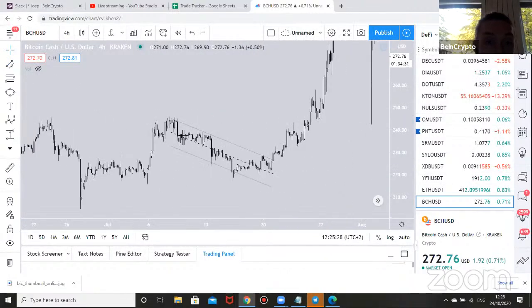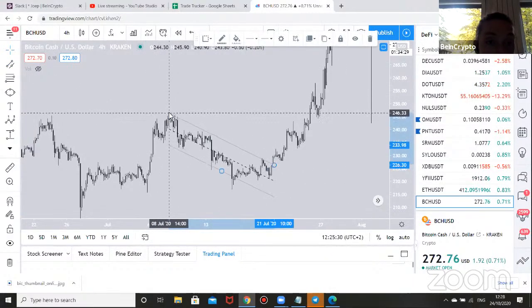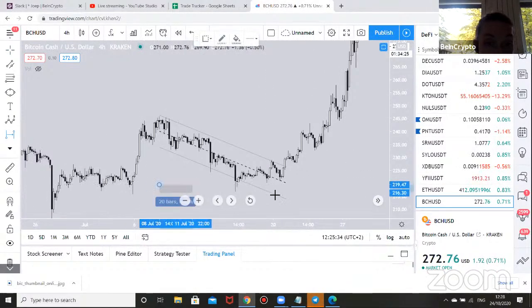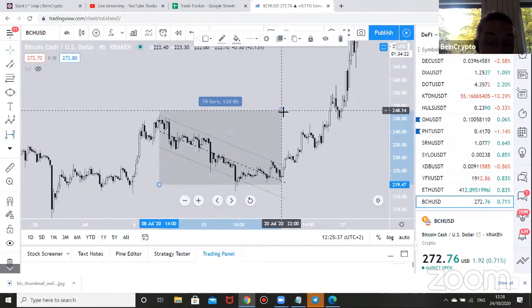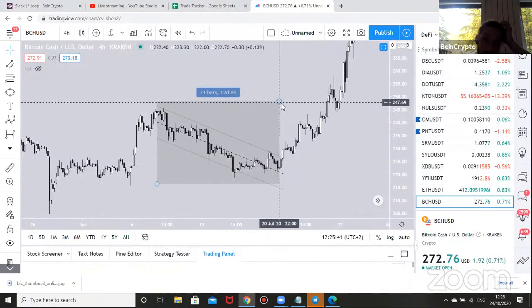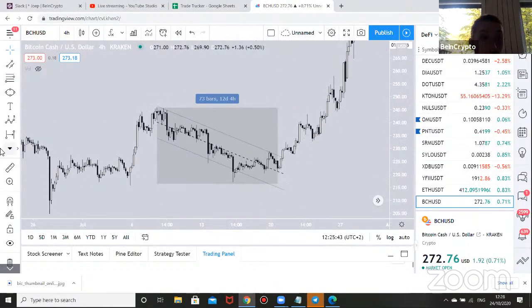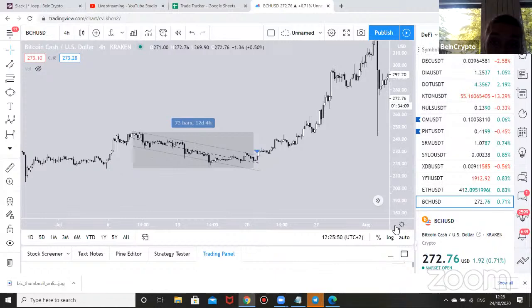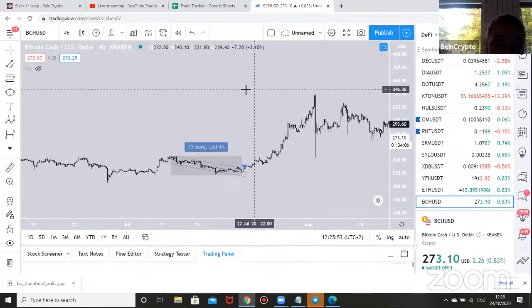So this here, this highlighted part here is most probably a corrective movement. And then you can tell by the breakout from the resistance line of this channel that a new impulse has begun, and it's actually the impulse that led us all the way up to here, to the 334 high.